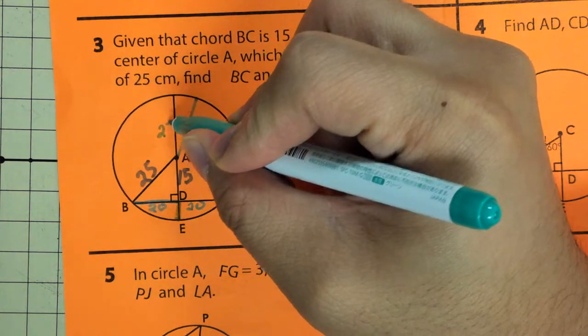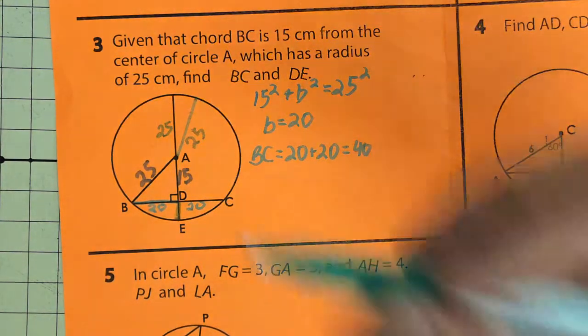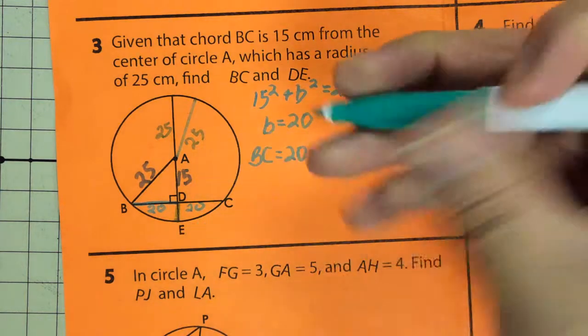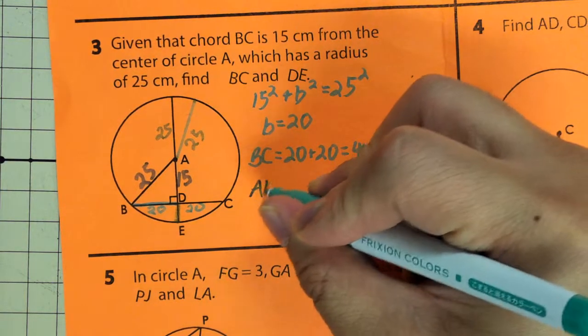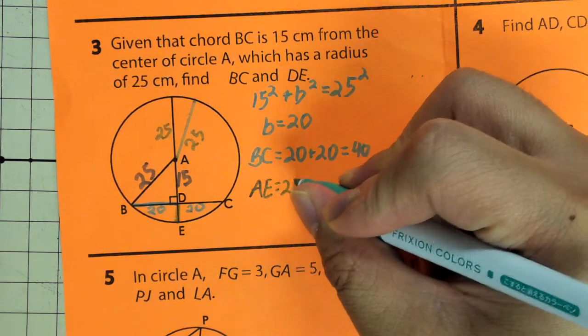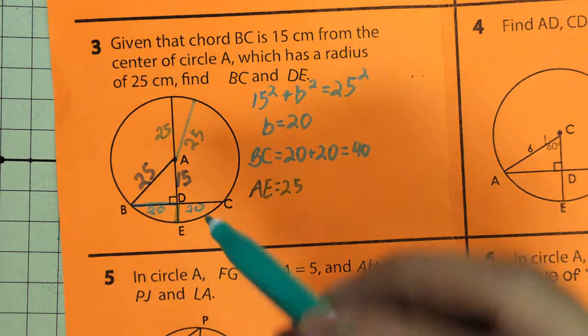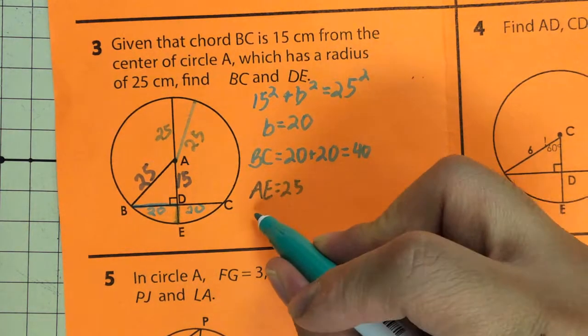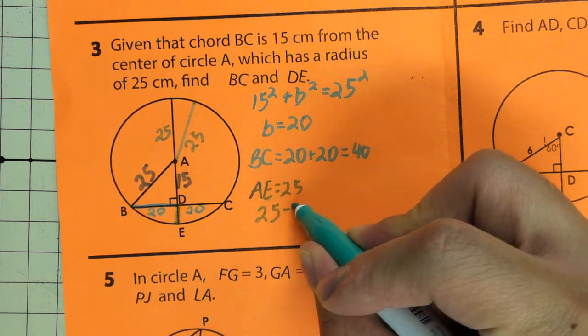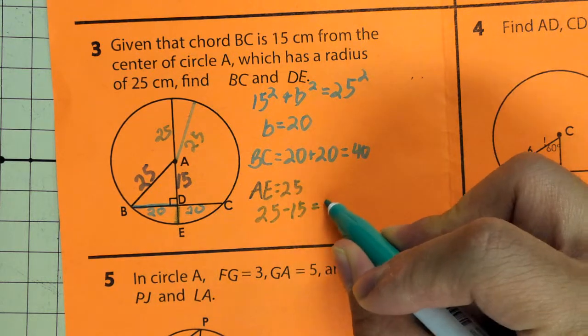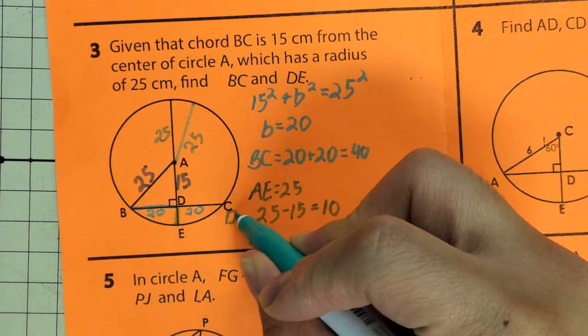This portion up here, also 25, which means AE down here, let me write that down, is also 25. So to find DE, what we can do is take 25 minus 15 to get 10, and that is DE.